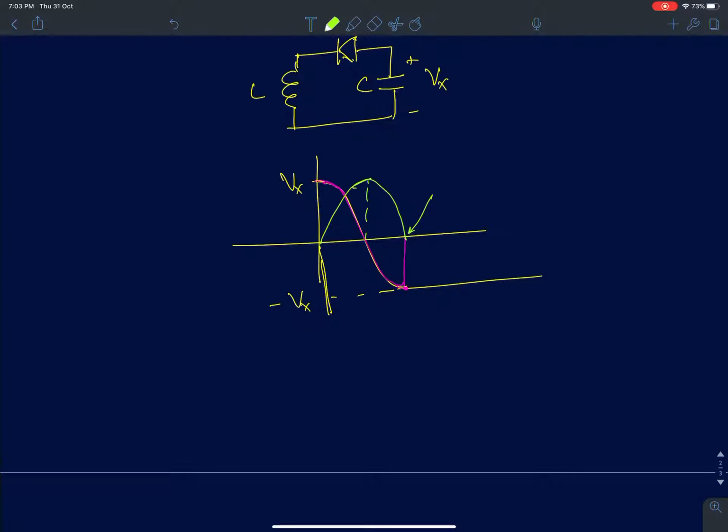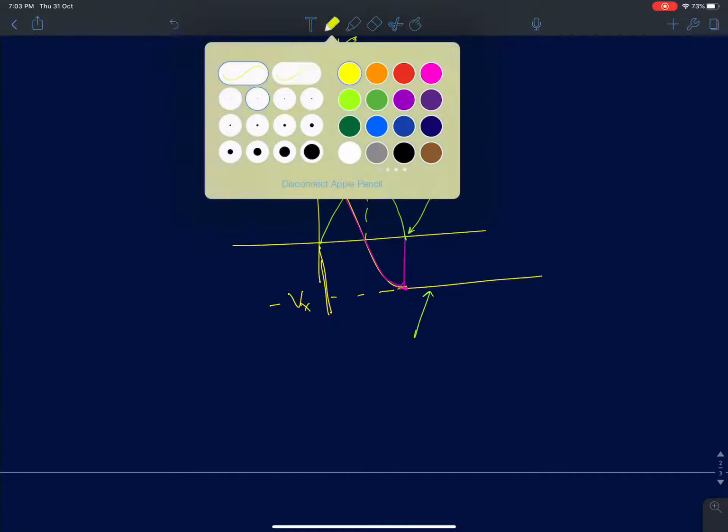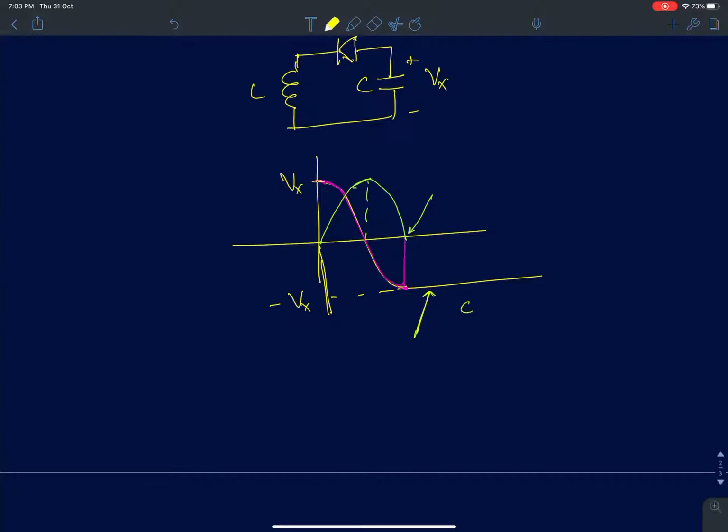So at this point all the energy is stored in the capacitor, and that energy is half C into Vx square. In this case, since I've assumed it is Vx, that will be the energy stored in the capacitor, but now the polarity of the voltage is reversed.